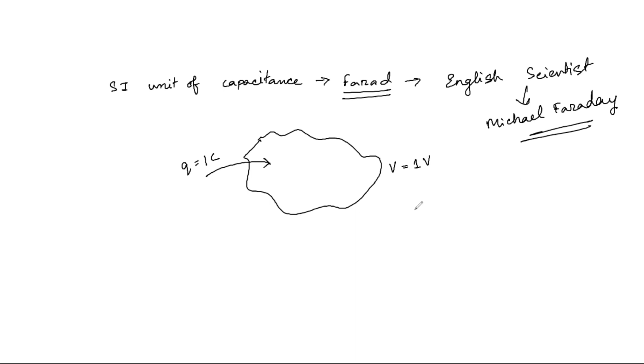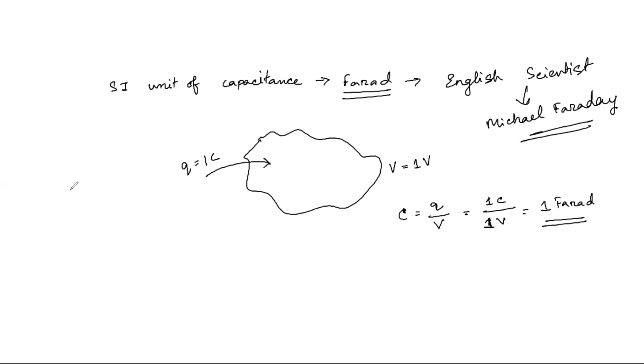Now we have this capacitance relation, which is nothing but Q by V, and when we provide a charge of 1 coulomb, the potential of this conductor rises by 1 volt. So this gives us a capacitance of 1 farad.